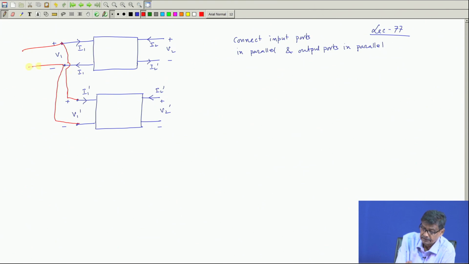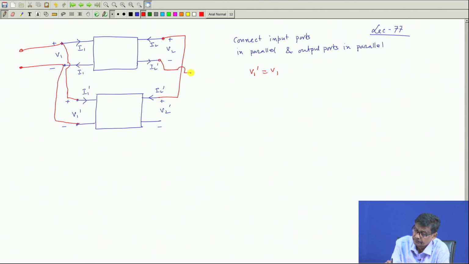Obviously I can connect these two in parallel. If I connect it in parallel, V 1 dashed must be equal to V 1. Similarly, the output ports, I will connect the terminals in parallel, that is plus with plus and minus with minus, and these are the overall output terminals, and this is the input terminals.